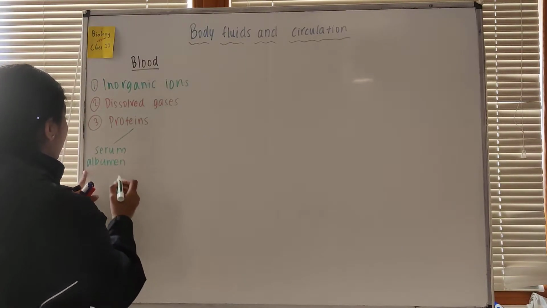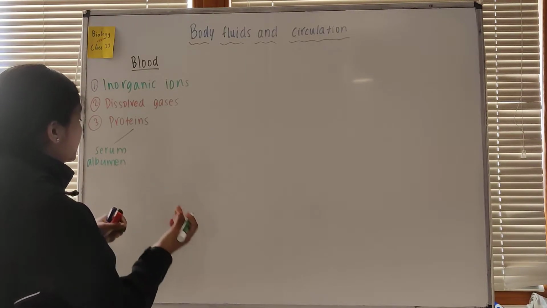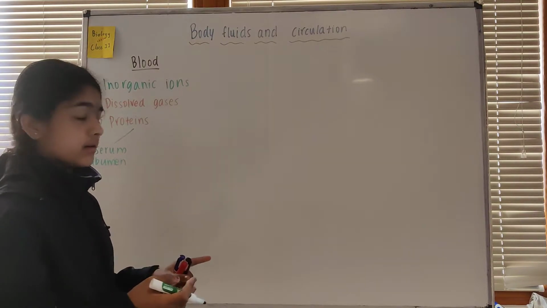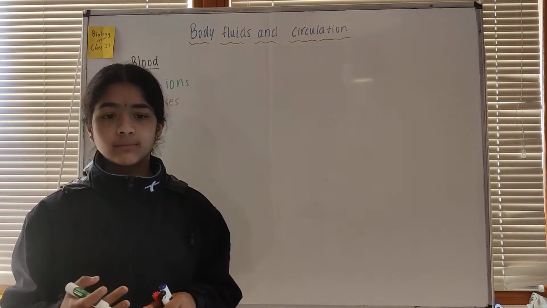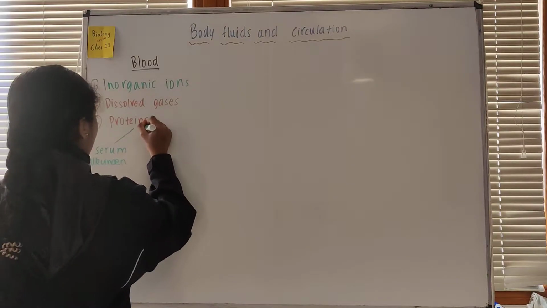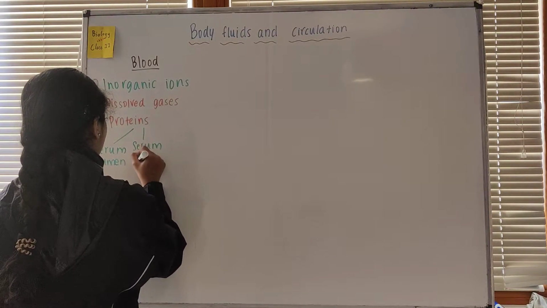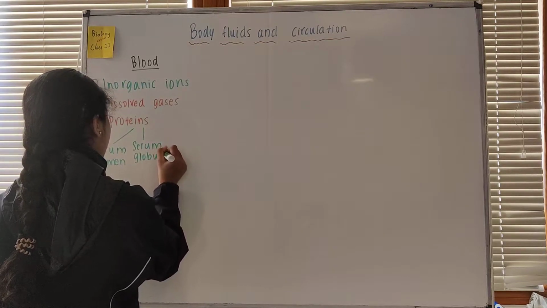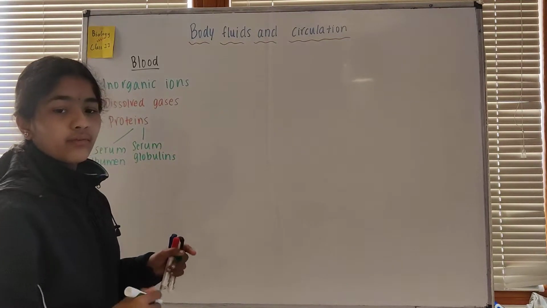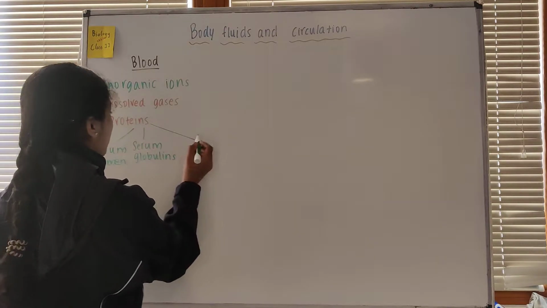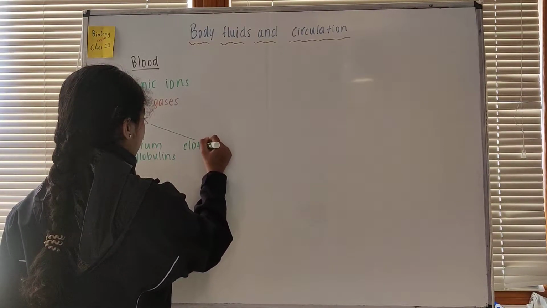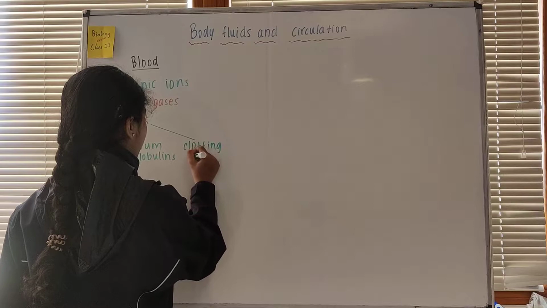So serum albumin is one of the proteins that is present. We also have serum globulins. These have different functions as well. We also have clotting proteins, or clotting factors.